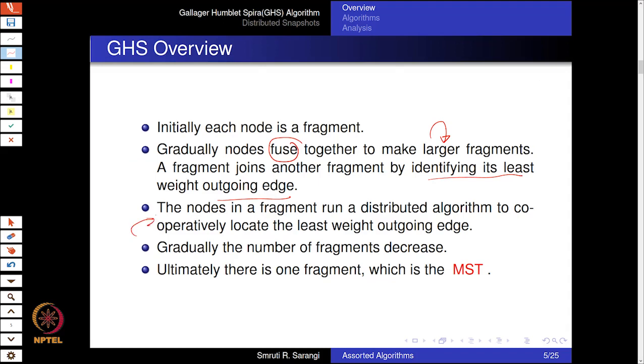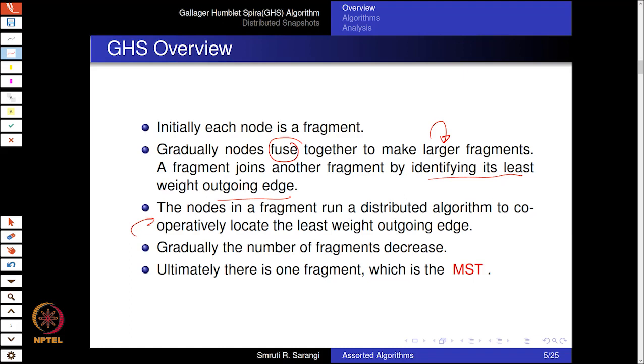Well, all the nodes within a fragment run a distributed algorithm to find it. Gradually, the number of fragments decreases. Ultimately only one fragment remains which covers the entire set of nodes, and of course we are assuming that the graph is connected. And that is the MST.